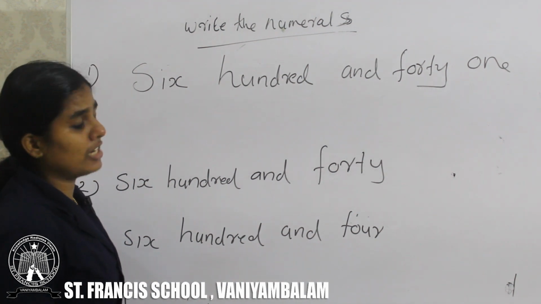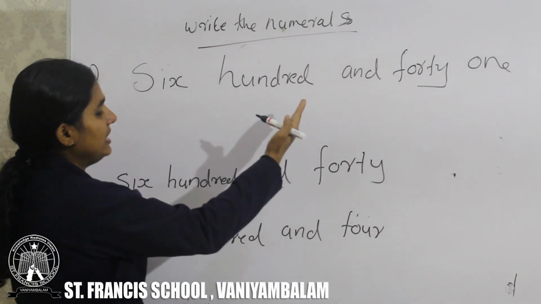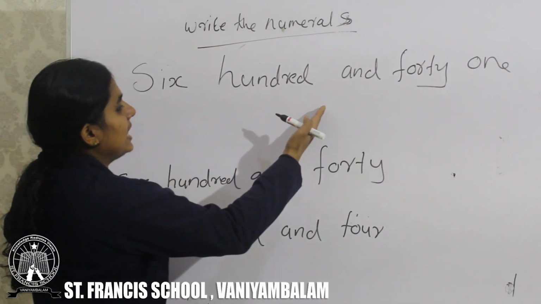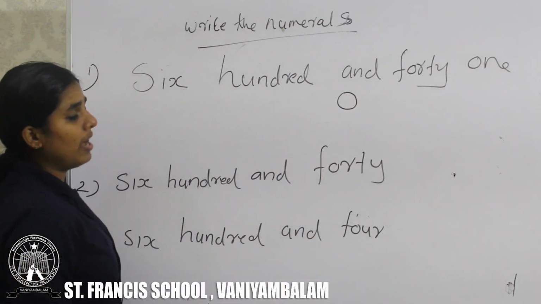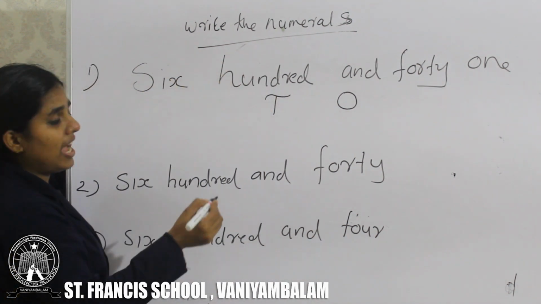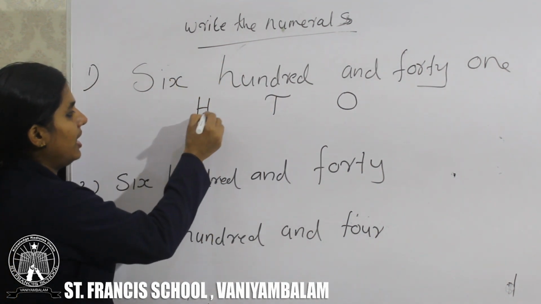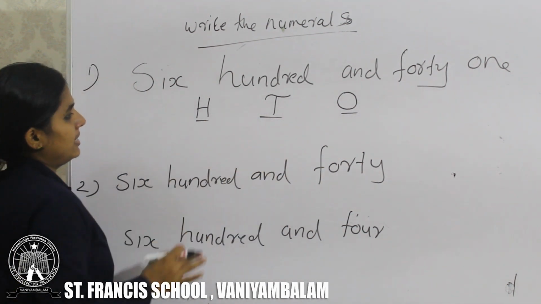From the right side itself we want to write. Right side we have which place? Ones. Left of the ones we have tens. Left of the tens we have hundreds. Okay. Ones, tens and hundreds.